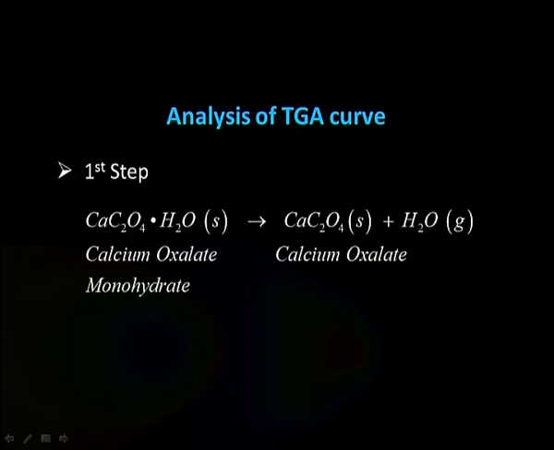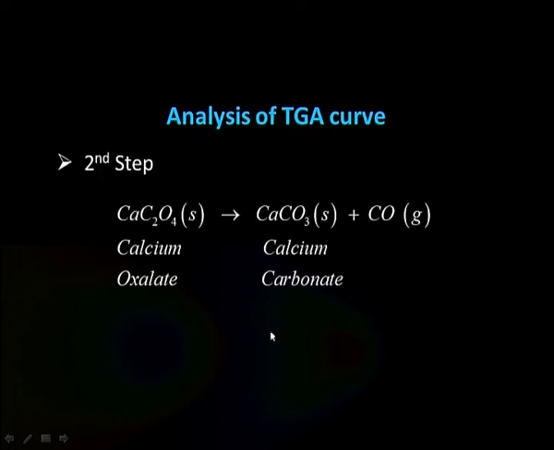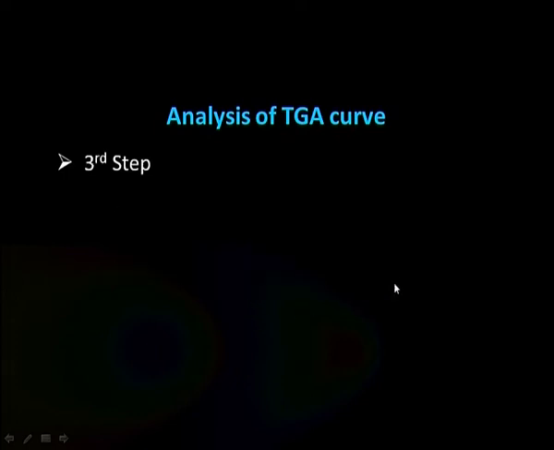The first step is that we were taking calcium oxalate monohydrate, and in the first step we lose water and we get anhydrous calcium oxalate. In the second step, the calcium oxalate loses carbon monoxide at about 400 degrees Celsius and we get calcium carbonate.